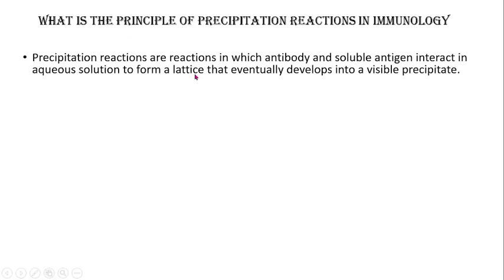This lattice means that there is interaction, interconnection, or cross-linking between the antibodies and the antigens. For this lattice to form, it requires complementarity between the antibodies and the antigens.